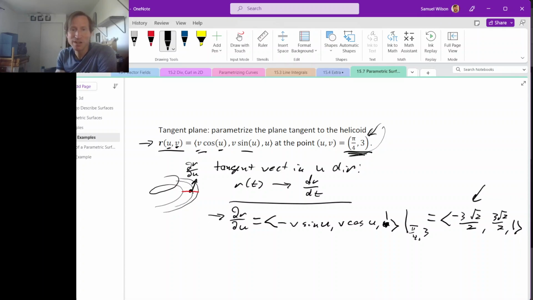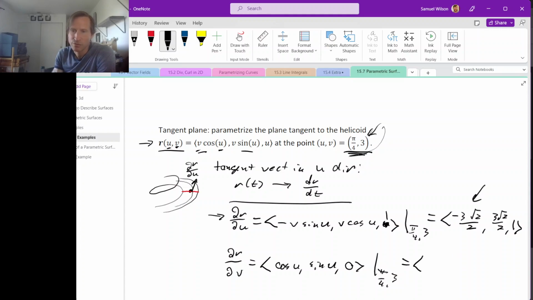To get the vector pointing in the v direction, we should just take a partial with respect to v. So partial r partial v is going to be, let's see, cosine u, sine u, and 0. And again, we need to evaluate that at pi over 4, comma 3.